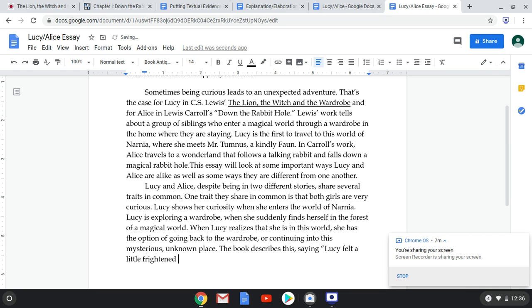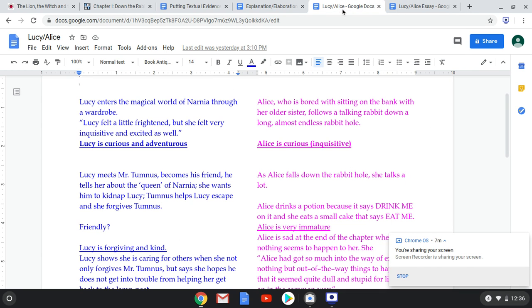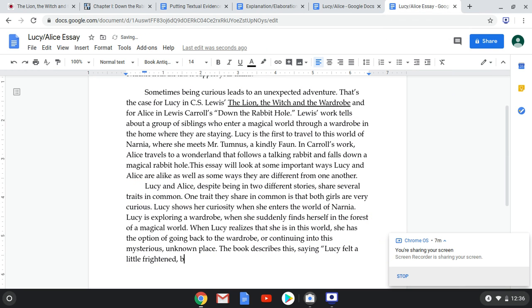I want to make sure I get this exactly right. "But she felt very inquisitive and excited as well." Okay, look, I set up what was happening in the story and I put a direct quote.